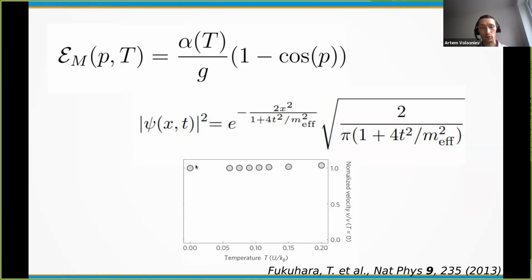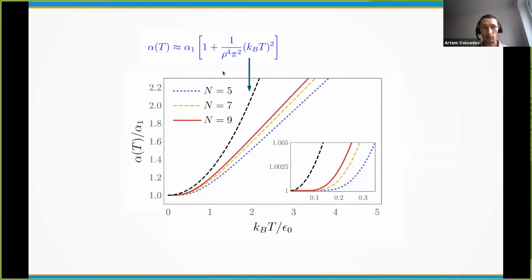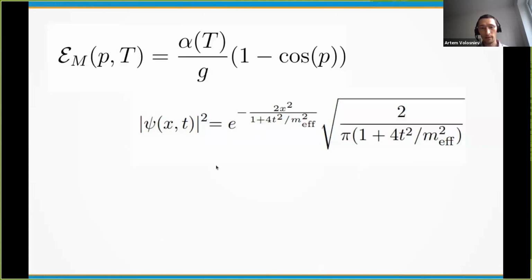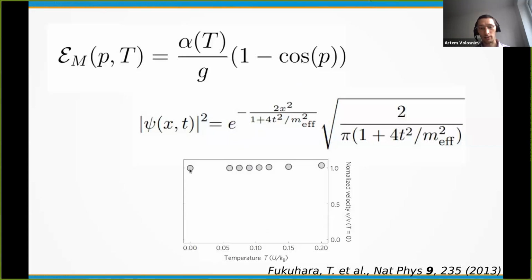But if you look at this plot, they show normalized velocity v divided by vt, and how they define it is actually very similar to alpha t divided by alpha 1. So what I had on this slide. So it's very similar. And then you see very slow increase, which, if you have wishful thinking, you could imagine t squared, but I wouldn't claim that.